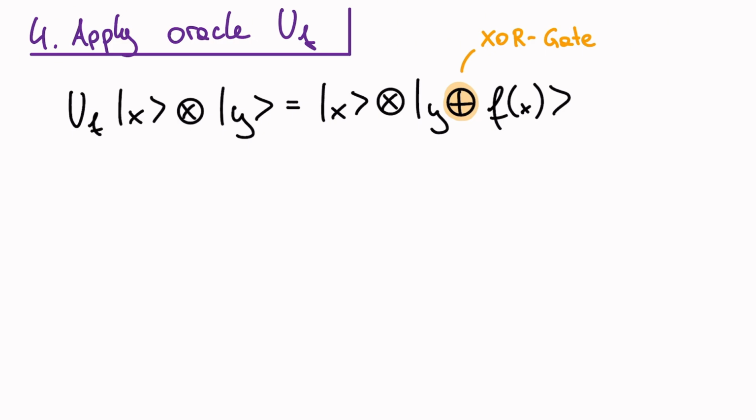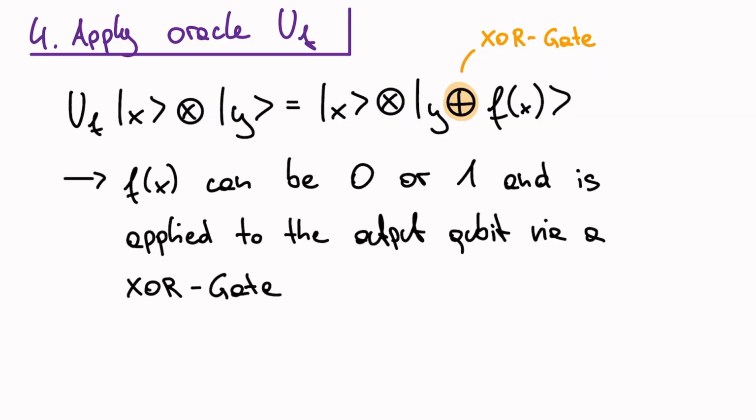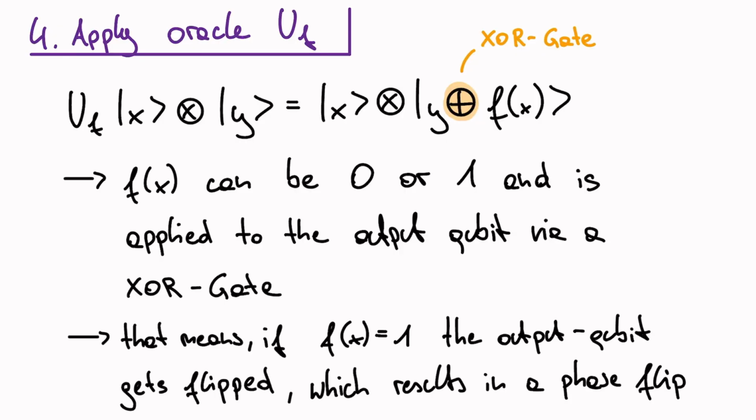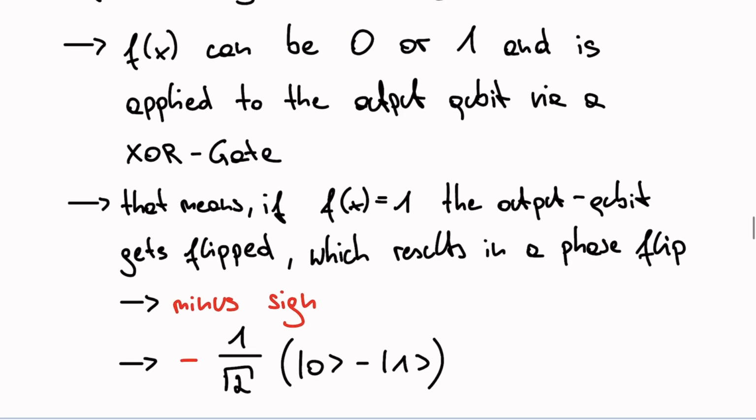It's not too complicated, but it would take up too much time in this video. So what's important to understand is just this. The function f of x returns either 0 or 1. If f of x is 0, the output remains unchanged. And if f of x is 1, the output qubit is flipped.